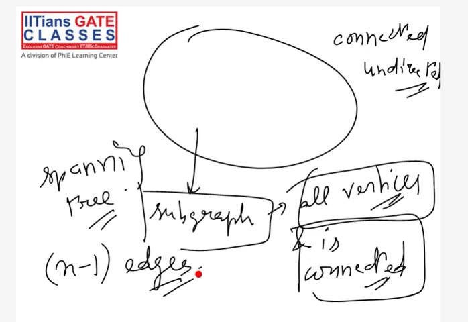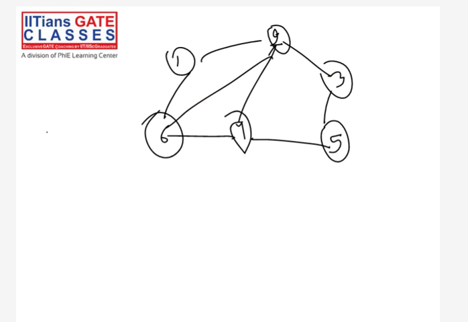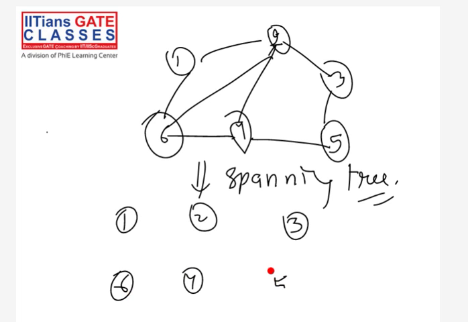Okay, so let me take an example, something like this. So if I have a graph, let's say 3, 4, 5, 6, something like this I have. Okay, so if I want to create a spanning tree out of it, it will be nothing but you keep all the vertices of the original graph and try to use n minus 1 edges to create the spanning tree.